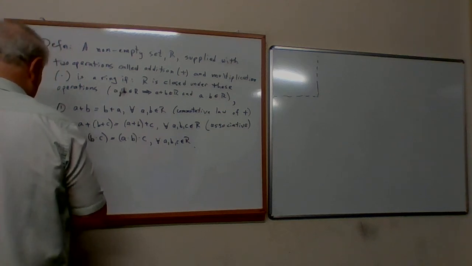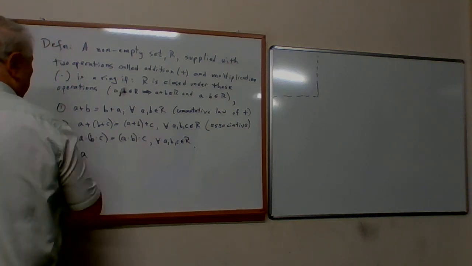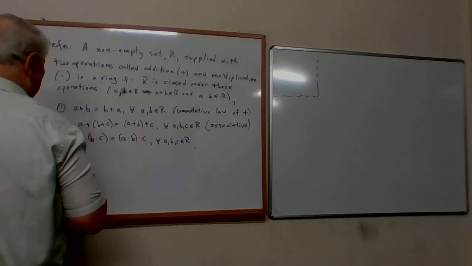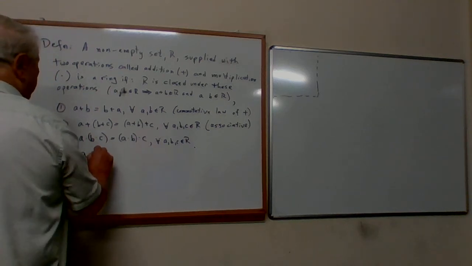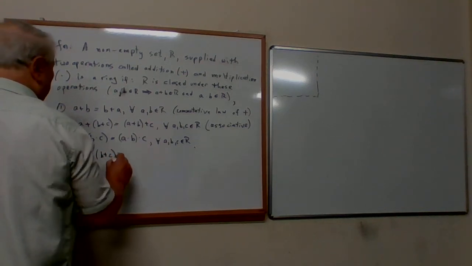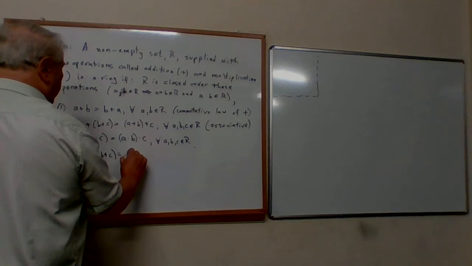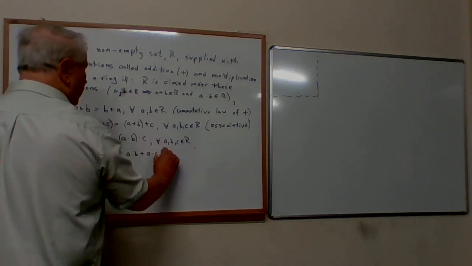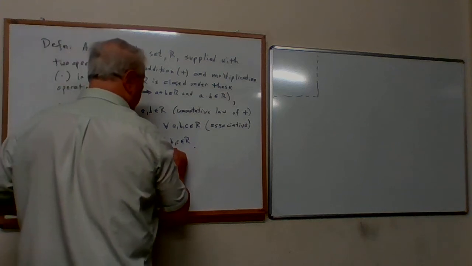4. The multiplication and the addition have to talk to each other in a sense. If I take A times the quantity B plus C, then this is A times B plus A times C. That is a distributive law.